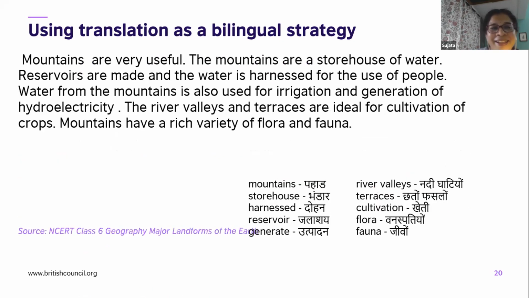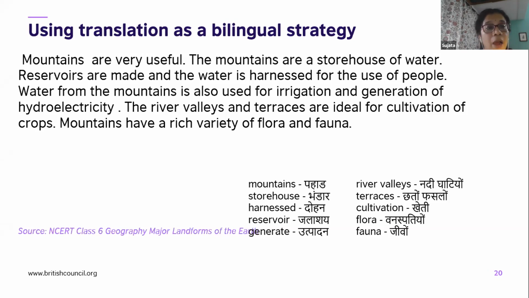Here is a slide. Now, let's assume you are now in the student's role. The previous slide had you as a teacher, but let's assume now that you are the class 6 learner, and this is a text from geography. Again, your home language is Hindi. And so you are given this text and some keywords that have been translated.